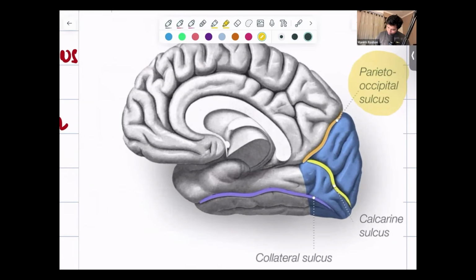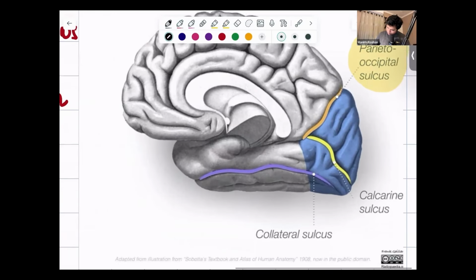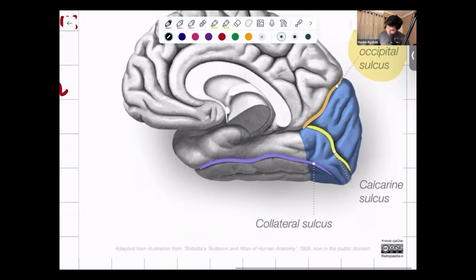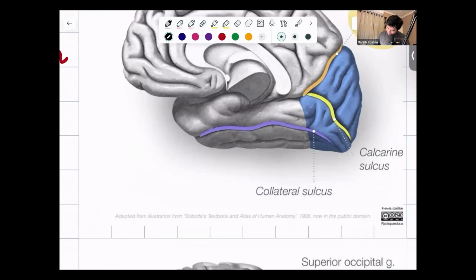And there is the calcarine sulcus over here. Here also you can see that both of them meet at one point. This is the point where they're meeting. And also there is a straight line that is running up till here from the pre-occipital notch. This region constitutes the occipital lobe.